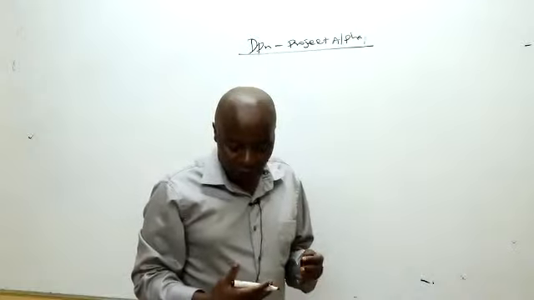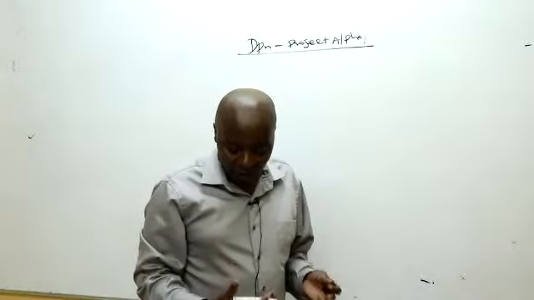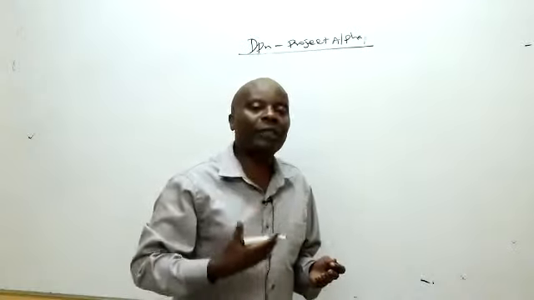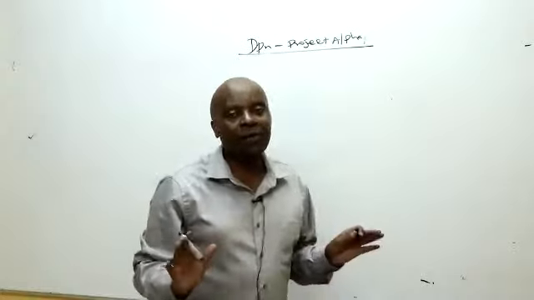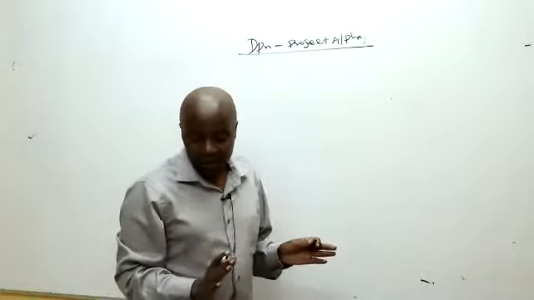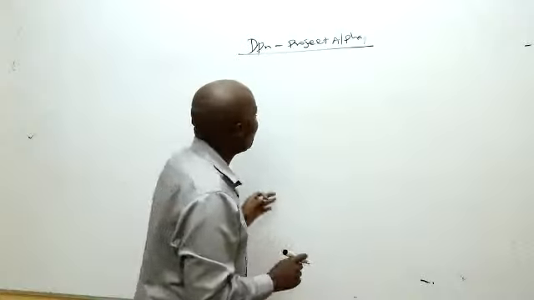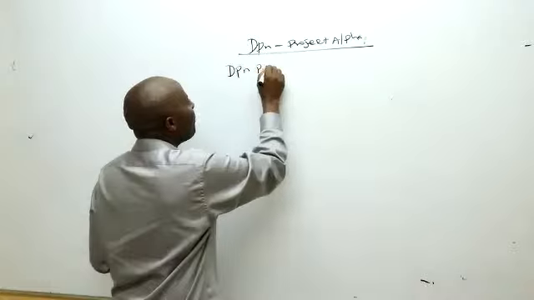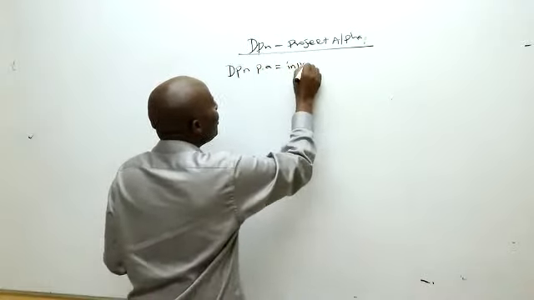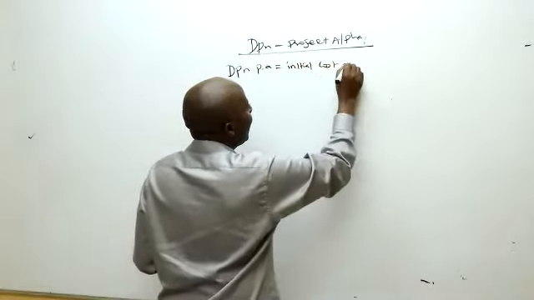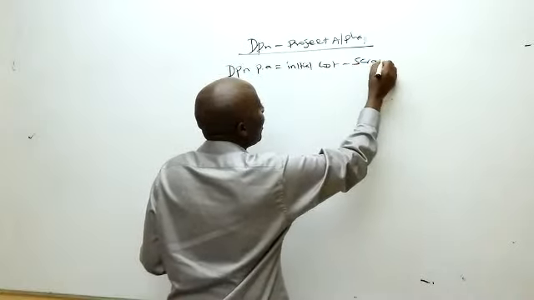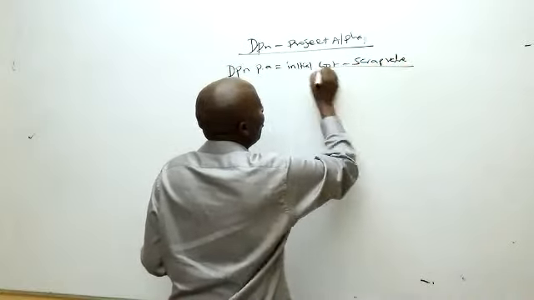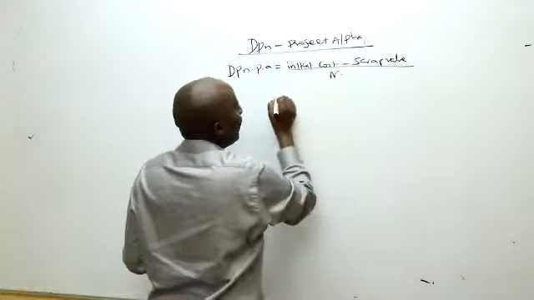And of course, if they are quiet, we always prefer straight line method to any other method in finance. So we shall use straight line method, where the depreciation per annum will be equal to the initial cost minus the scrap value all over n, number of years.